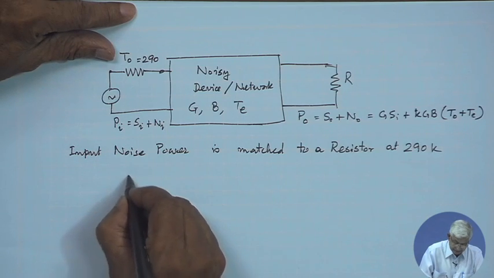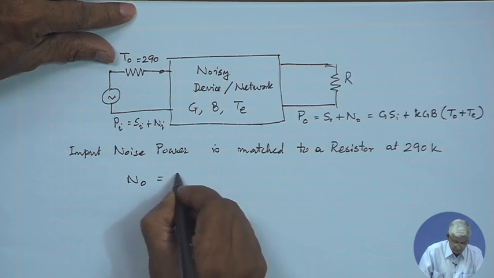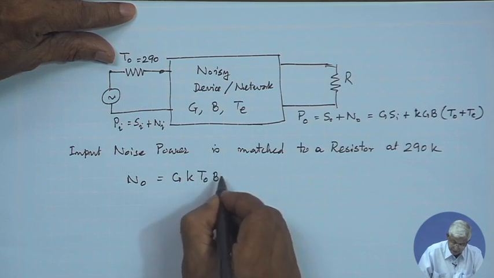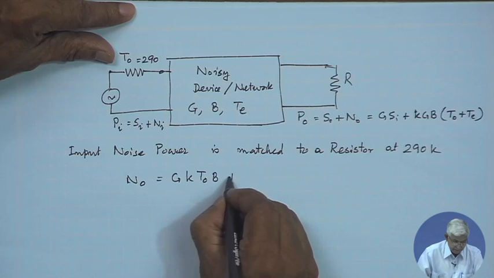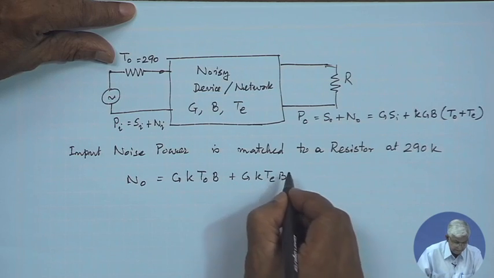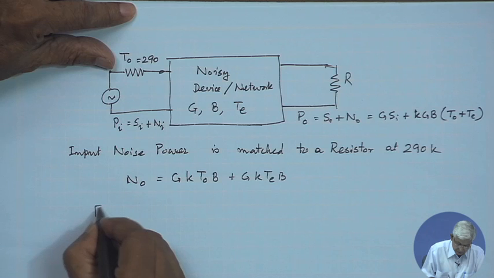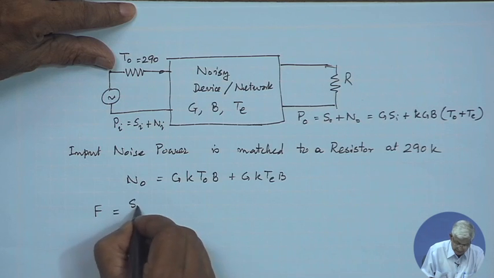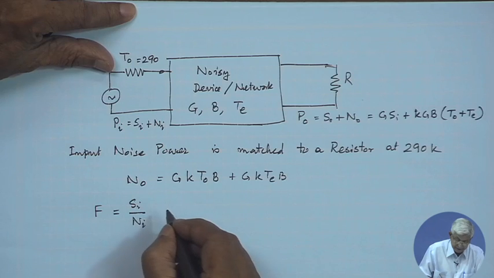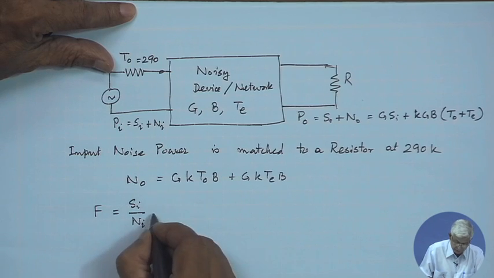That means, the N0 is equal to G into K T0 B plus G into K Te B. So, noise figure F is Si by Ni divided by S0 by N0.